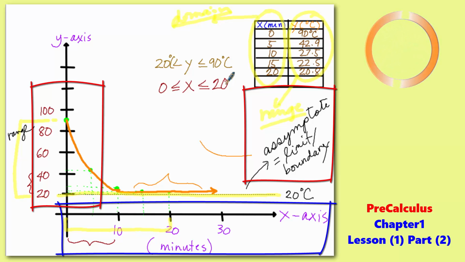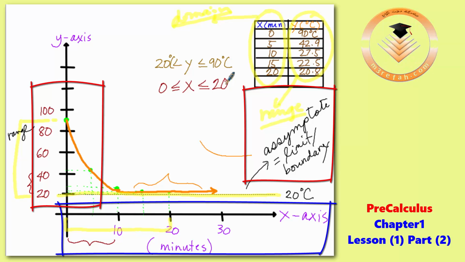So this is how we graph a certain function. This is how we describe a certain function in terms of numbers. We use numbers, graphical, so we use graphs, and also algebra.